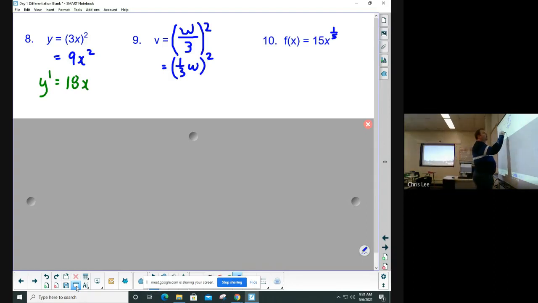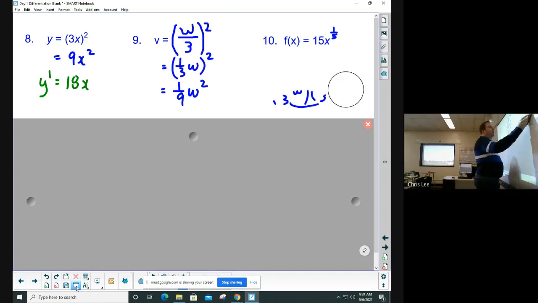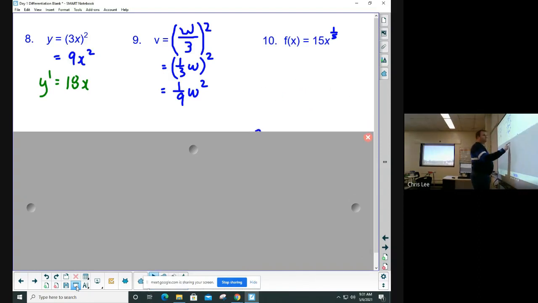So this is going to become 1/9 w squared. So just imagine that that's 1/3 w times 1/3 w. So a third times a third, 1 times 1 is 1, 3 times 3 is 9, and then w squared. And I still haven't done any calculus yet, but I think I'm ready to try.